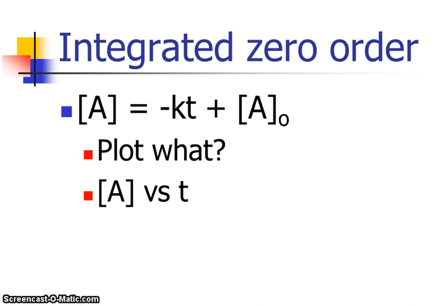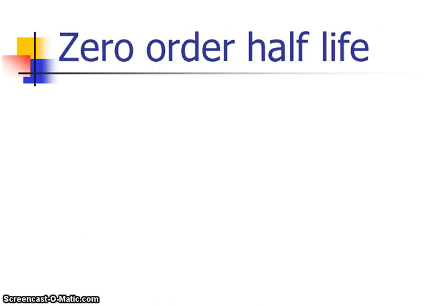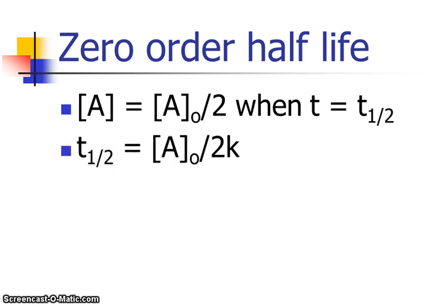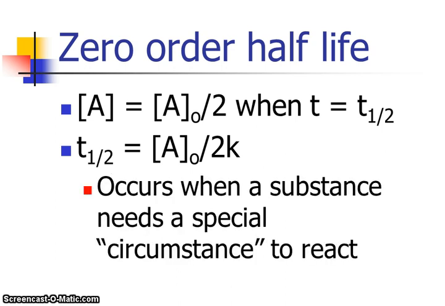And if we get a straight line when we plot concentration of A versus time, we're looking at a 0 order reactant, and our slope would be negative K. So for our half-life, again, if we were to take the initial concentration of A divided by 2 and plug it into our equation, we would get the half-life for a 0 order reaction to be the initial concentration of A divided by 2K.